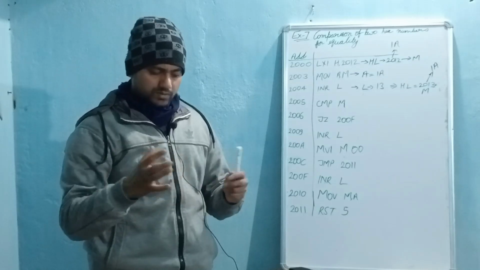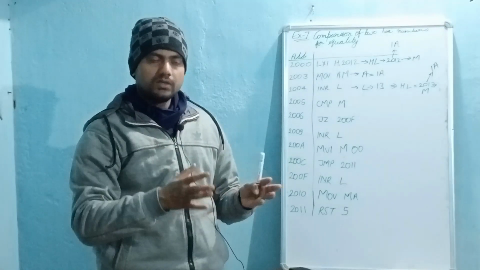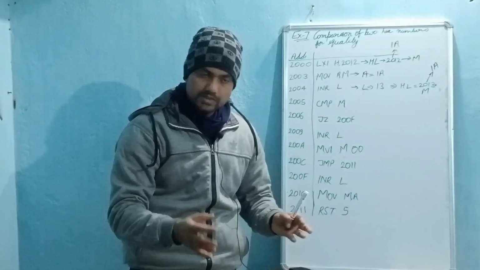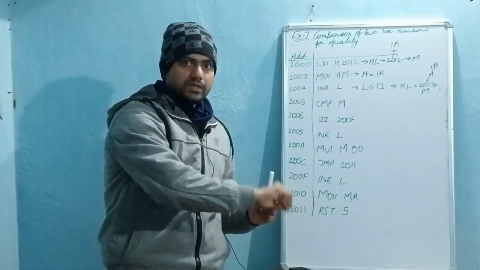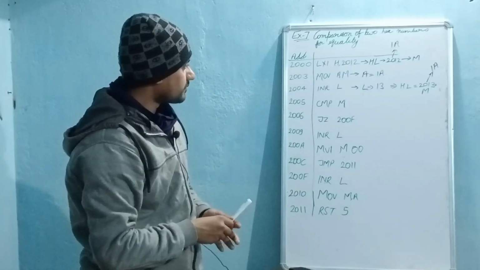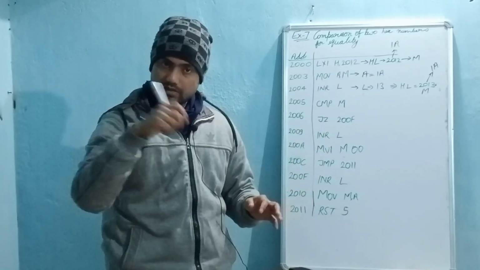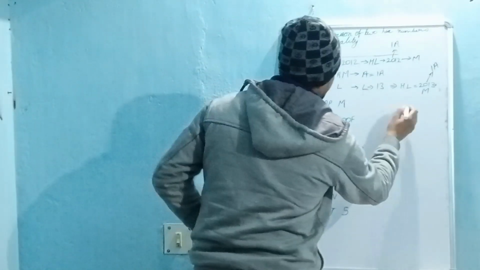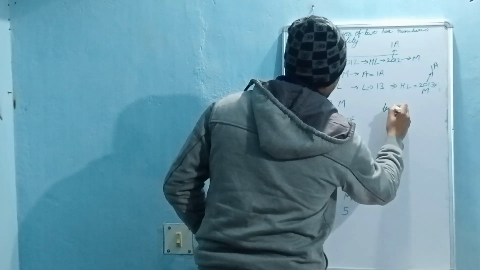This instruction subtracts the content of the memory from the content of the accumulator, and the result is saved in the temporary register which is present in the microprocessor.